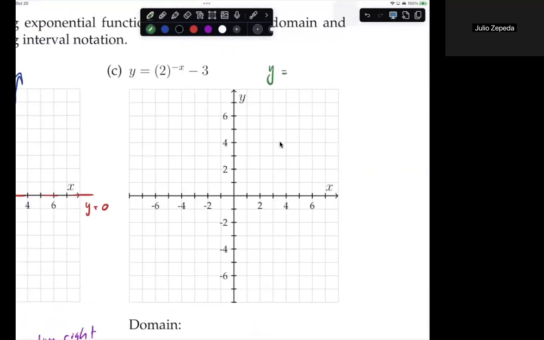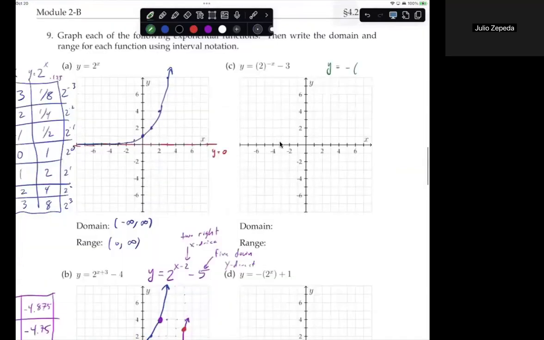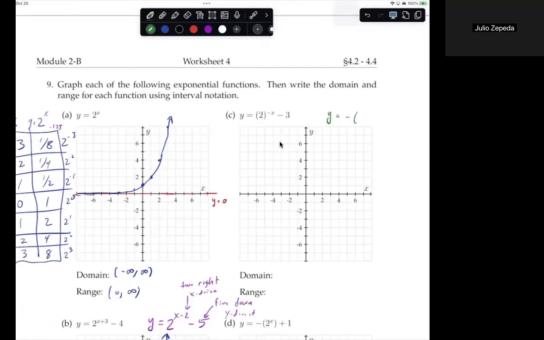Y equals, let's do negative 2 to the x, and we'll do plus 3.